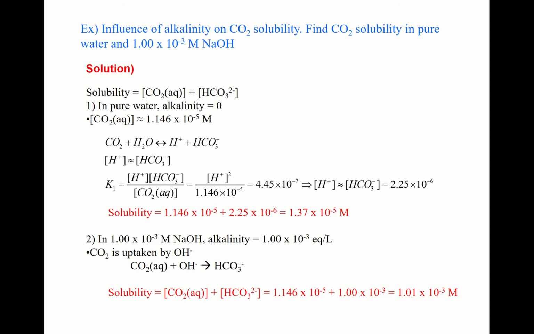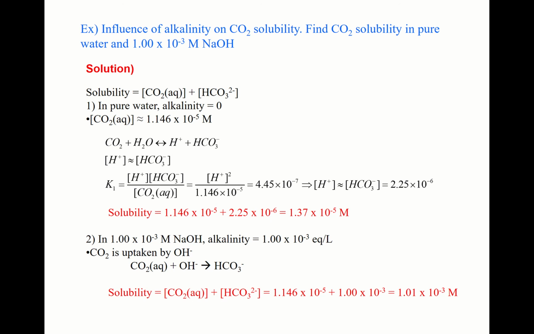When CO2 solubility is great, natural water produces a lot of biomass. In a water system, there are many species that do photosynthesis, like algae and photosynthetic cyanobacteria.